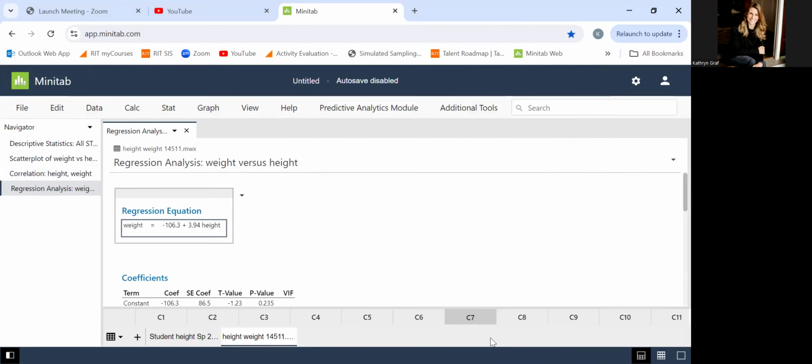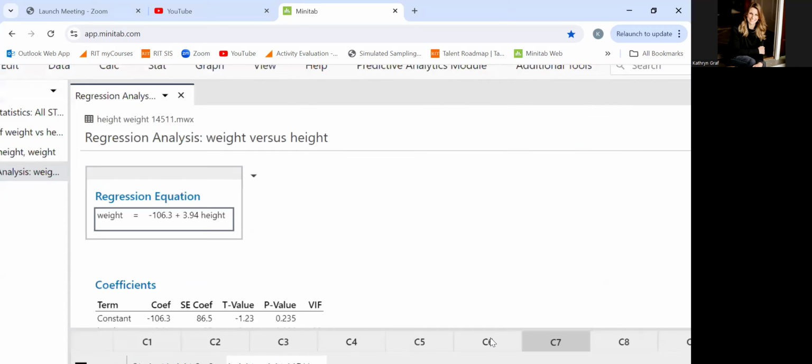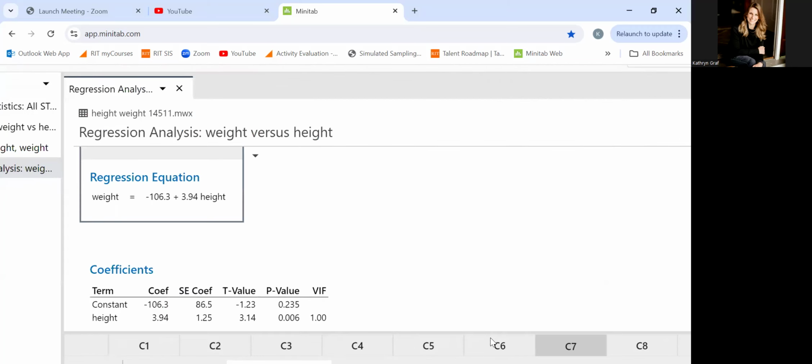You could see right away on the top, I have my regression equation right here. This equation is the equation of the line of best fit. So it's Y equals, now I have negative 106.3 plus 3.94 height. So remember, height is X. So think about the equation that we usually get in algebra, which is Y equals mx plus b.